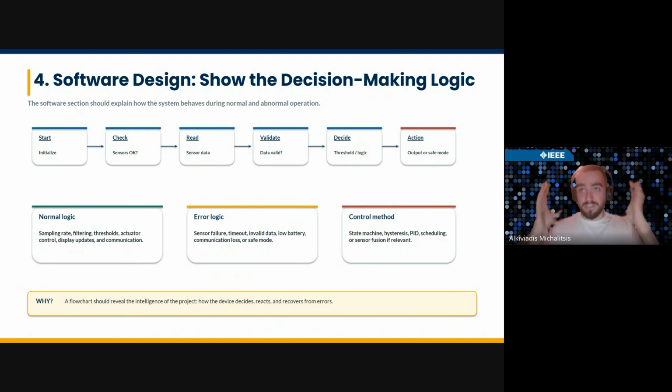This is our logic. This is the mind of the system. So we should solve the decision-making logic: based on every kind of interaction and every kind of input and output that we get, what we do next. Okay, so the software section should explain how the system behaves during normal and abnormal operation. This is similar to the example I gave before for the colors.